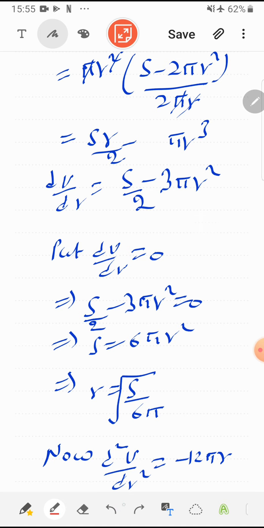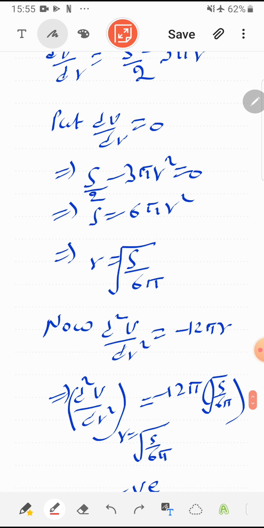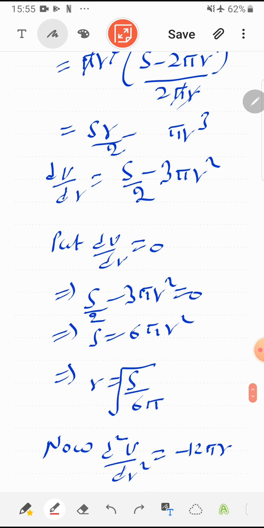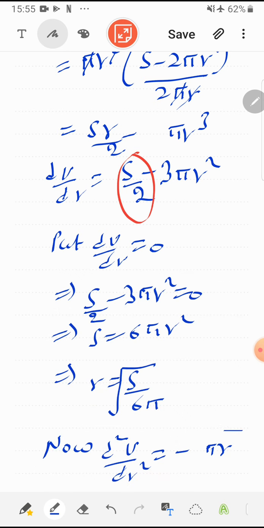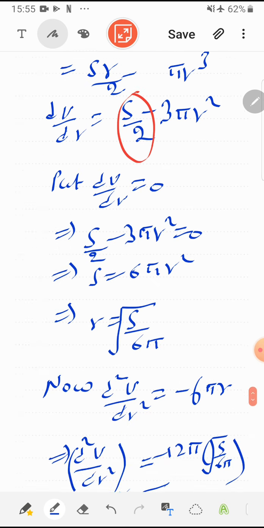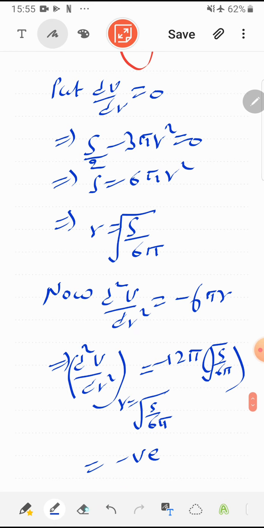Now take the double derivative. So it's very simple. We can see s by 2 is constant, becomes 0, and it is minus 6 pi r. So now we are putting r as under root s upon 6 pi.